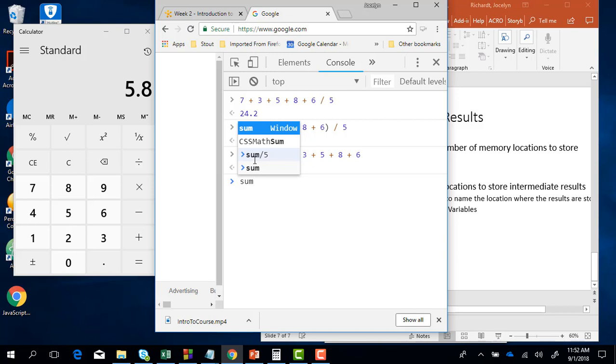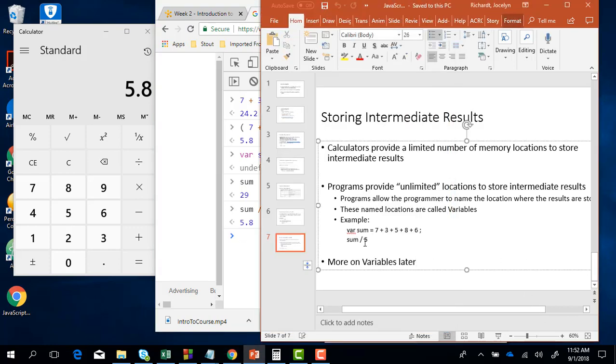But if we type sum and evaluate sum, it says, oh, that's where you wanted me to store that expression of adding those numbers together, and that number is 29. So just like the memory recall, it recalls that information, but we get to give it a name. Then we can just say, take the sum and now divide that by 5, and we get our 5.8. We'll be discussing a lot more on variables later.